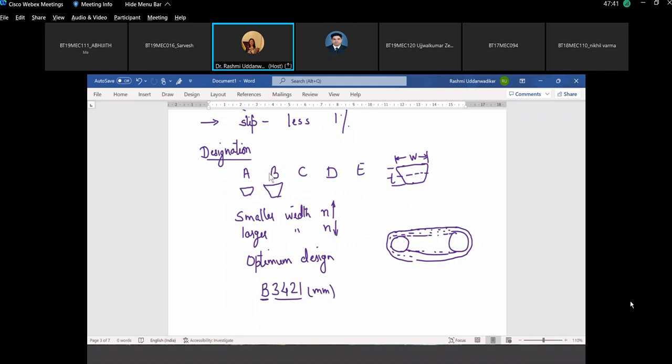So if it is a B3421, it has to be replaced with B3421 only. And the standard inner lengths are also available. So while selecting a V belt, all you have to do is find out how many belts are required, what length and what cross section is required for transmitting this much amount of power.